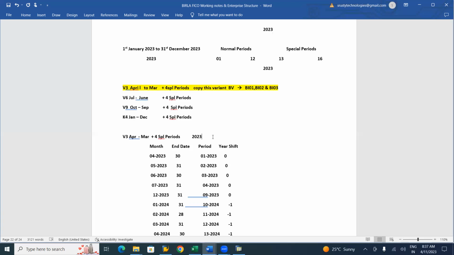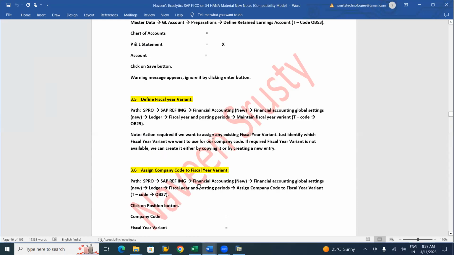Just write it down. We will do one configuration step and we will close it. So just simple. Define fiscal year variant.